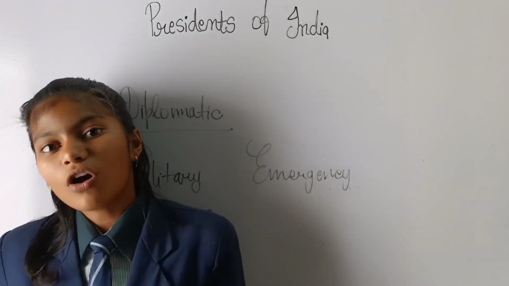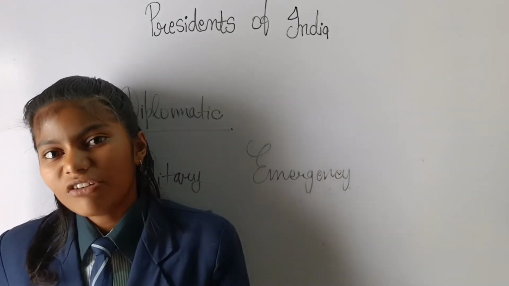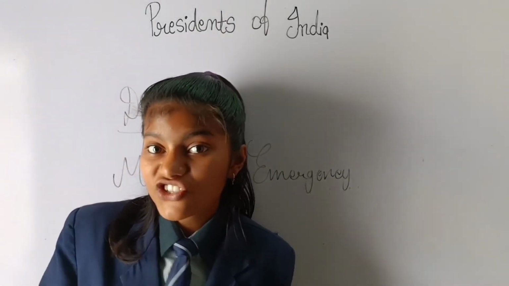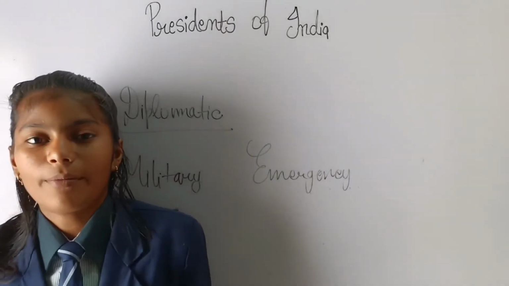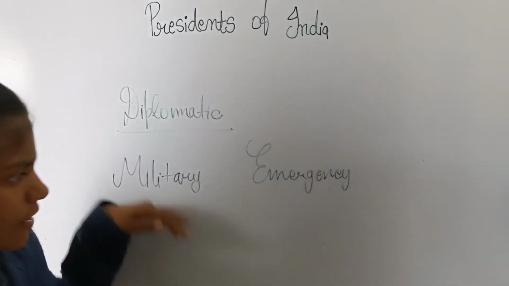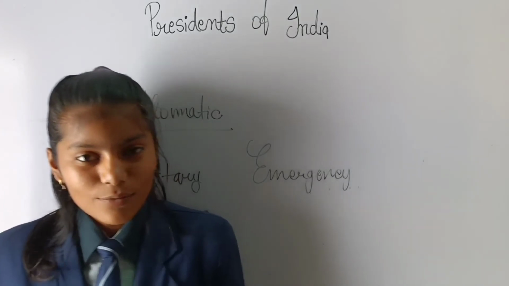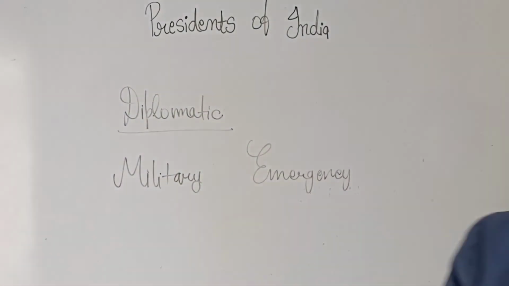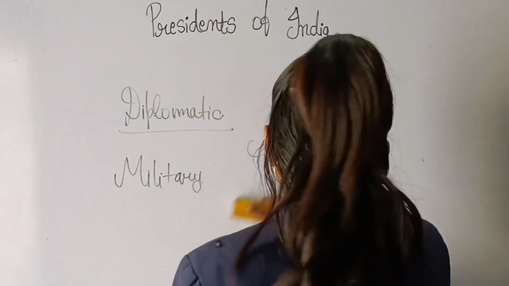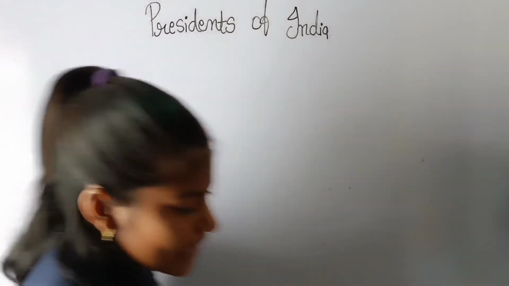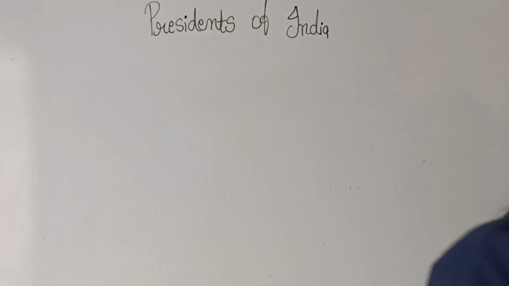Before, armed rebellion was internal disturbance, but by the amendment it was changed to armed rebellion. And this is about the emergency powers of the president. Now let's move further and talk about the next concept. Now these are the drastic powers of the president of India.